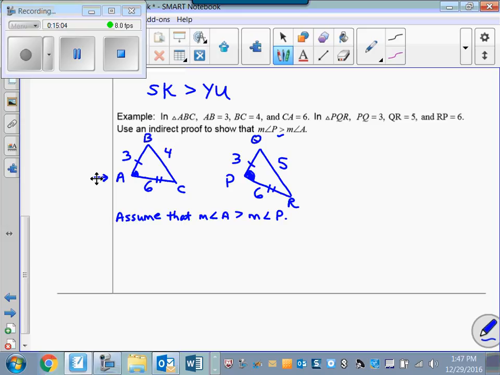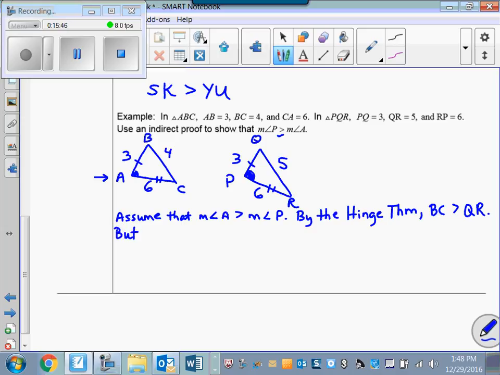That tells me, using the Hinge theorem, if the measure of angle A is greater than the measure of angle P, then I know that BC has to be greater than QR, right? That's what the Hinge theorem tells me. If the measure of angle A is greater than the measure of angle P, then side BC is longer than side QR.